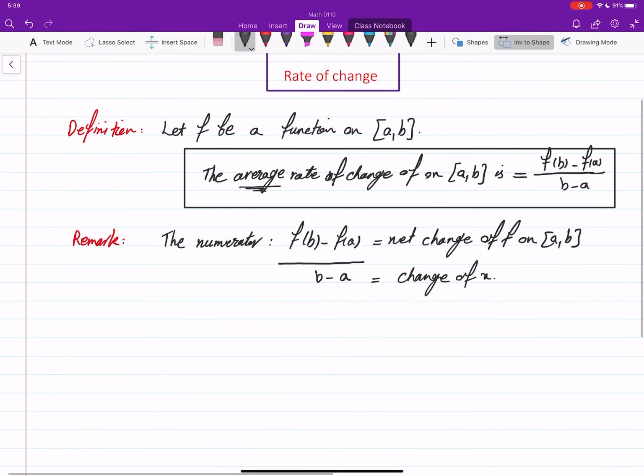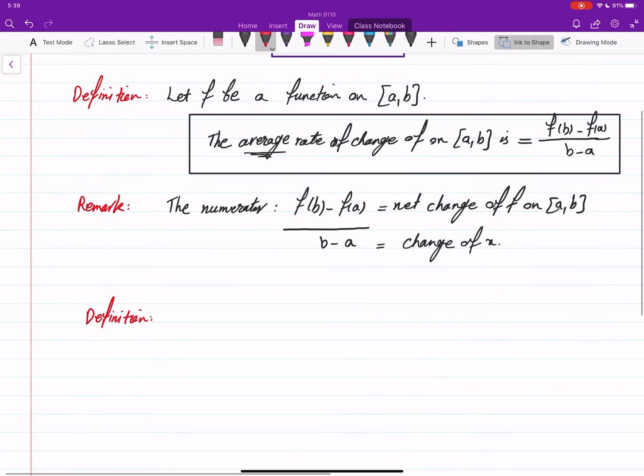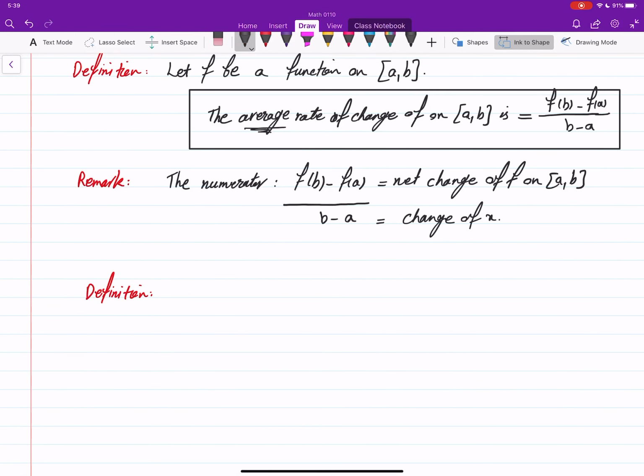And actually another reason is that we have another definition, which says there is another rate of change, which is called the instantaneous rate of change.